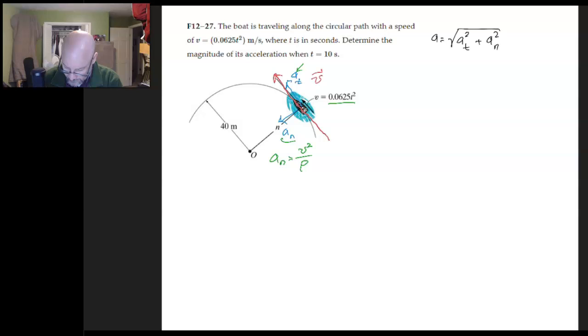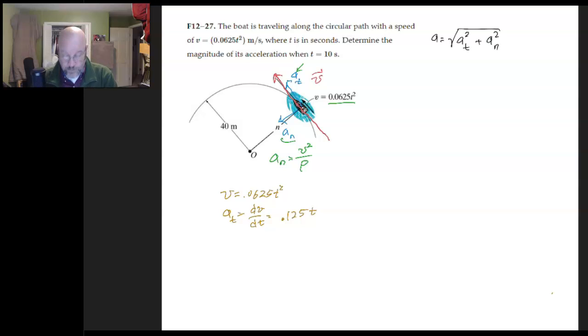Let's see. We'll try that color. So let's go ahead and get the tangential acceleration. That's the easiest one. Let's get the low-hanging fruit. Since we know that v is 0.0625 t squared, a sub t is just the derivative of that, dv dt, which makes it 0.125 times t.